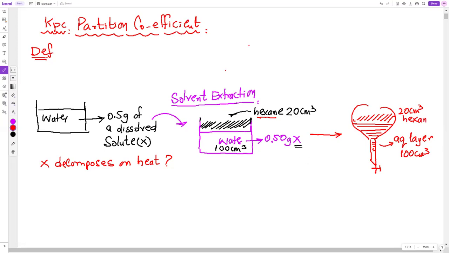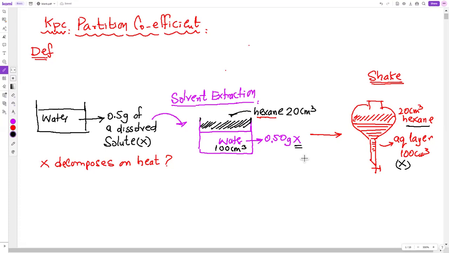Beta, when we place the cap of this container, now the container is fully closed, so we will shake it. What's the purpose of shaking this mixture? Speed up the reaction? It's not a reaction, beta. The X, which was originally dissolved in water, will come in contact with hexane when you shake it. So some part of X will get dissolved in hexane.